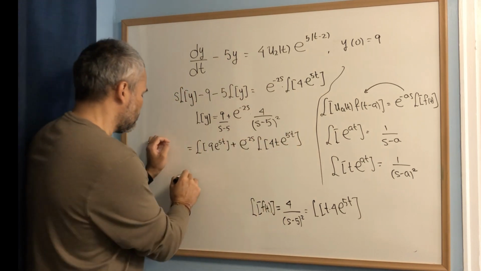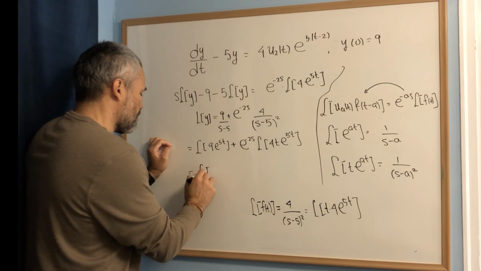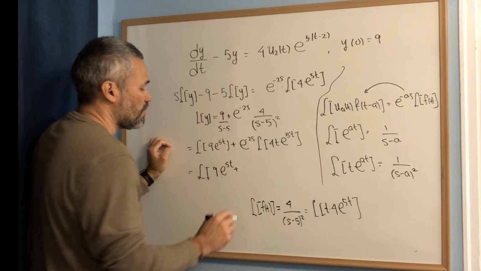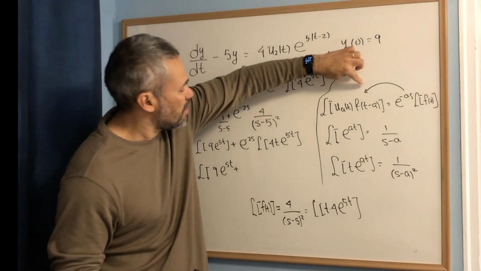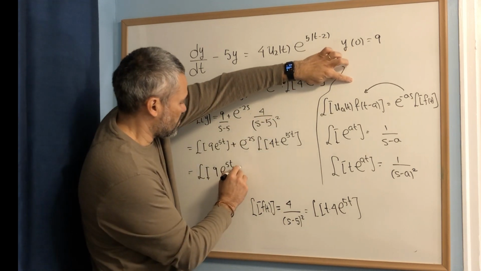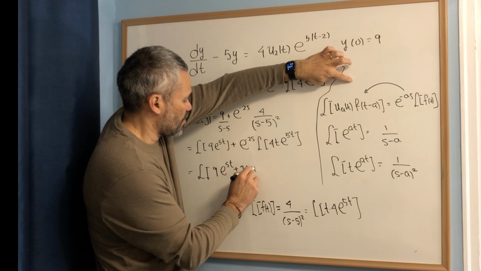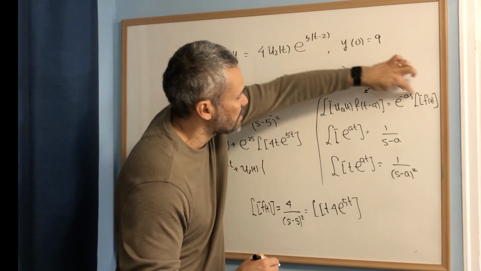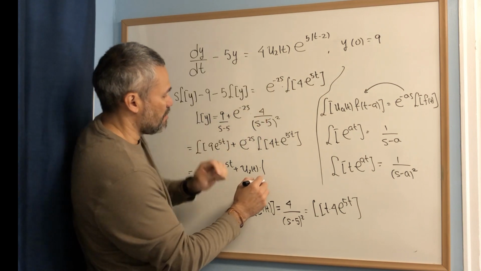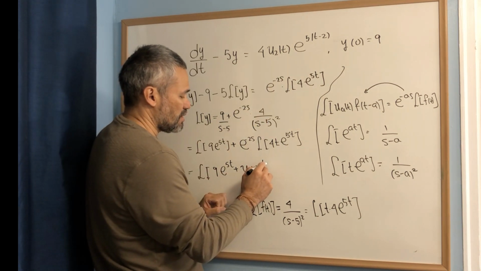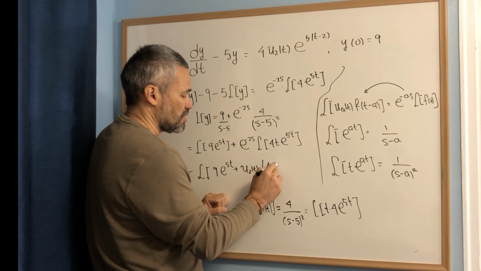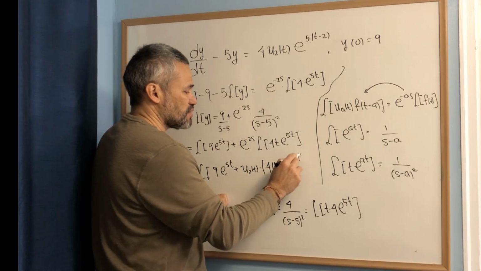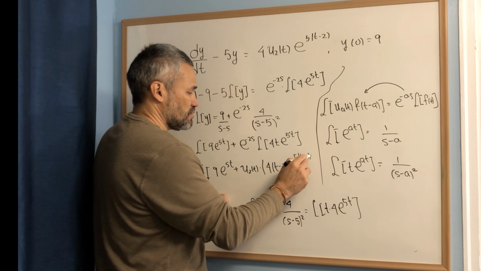And then this is just the Laplace transform of 9 e to the 5t plus, applying this formula, u2 of t times, anytime I see that t, I replace it with t minus 2. We get 4 times t minus 2 times e to the 5 times t minus 2.